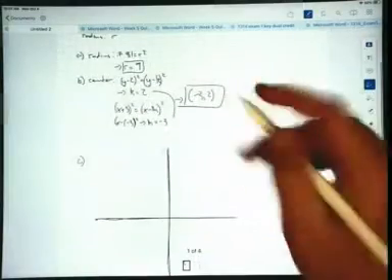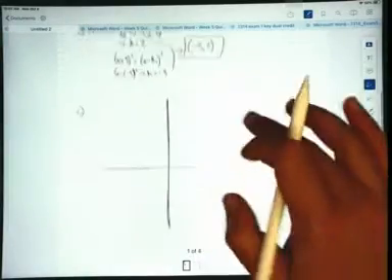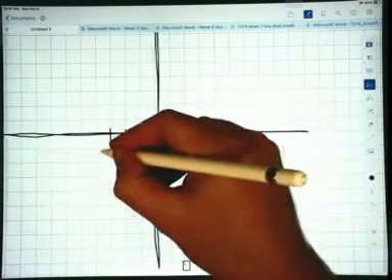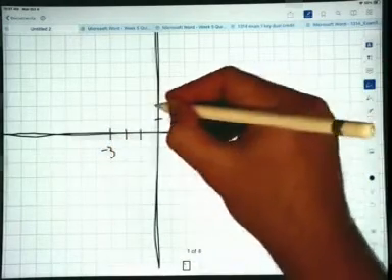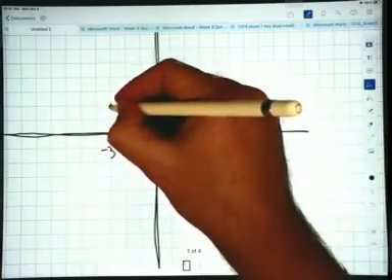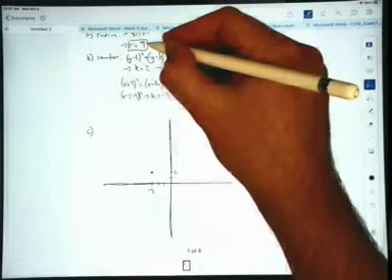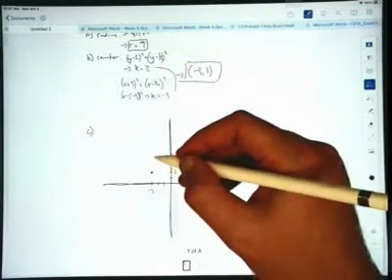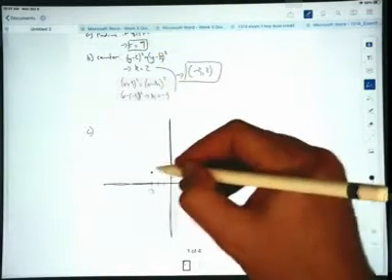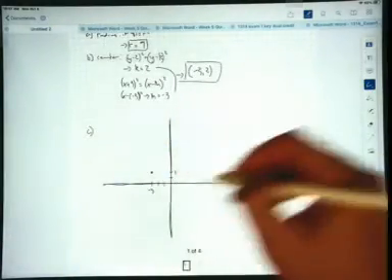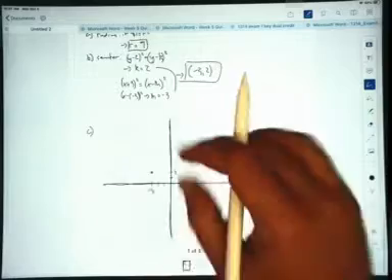First of all, I have a center at negative 3, 2. So there's my center. And since my radius is 9, we're going to go 9 units up, left, down, and right.